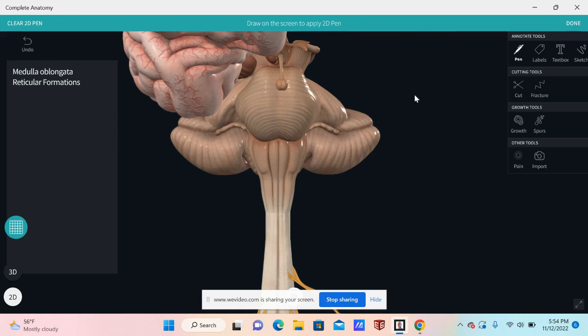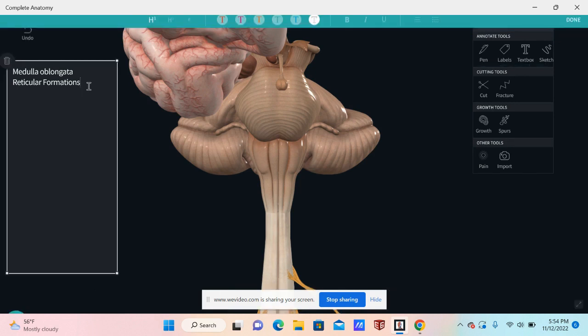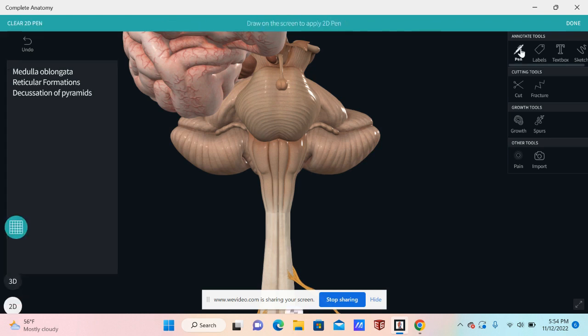But this is where, let me go ahead and type it over here, this is where it's called the decussation. Decussation of pyramids, or the pyramidal tracts. And all that means is you have these efferent fibers coming down, these are axons of motor neurons.